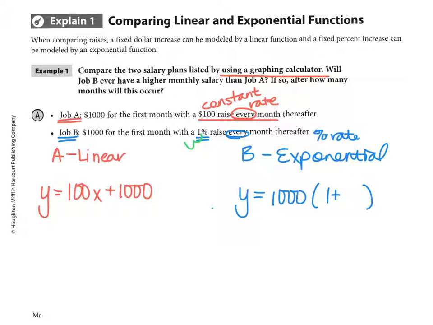So that means this is going to end up being 0.01. So in my equation, 0.01. And then exponential, you still have to have a variable somewhere in your equation, so your variable is going to be your exponent. All right, like we did yesterday, if you'll leave some space in your notes, we'll come back to this example tomorrow.